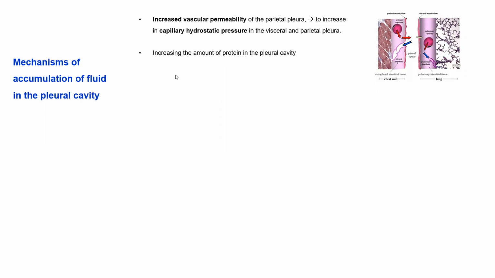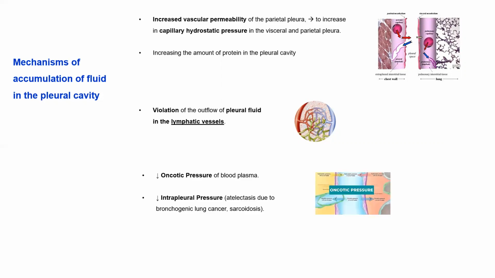Also, there is an increased amount of protein in the pleural cavity. The fluid accumulation can be the result of violation of the outflow of pleural fluid in the lymphatic vessels. Also, patients can have pleuritis due to decreased oncotic pressure in blood plasma.